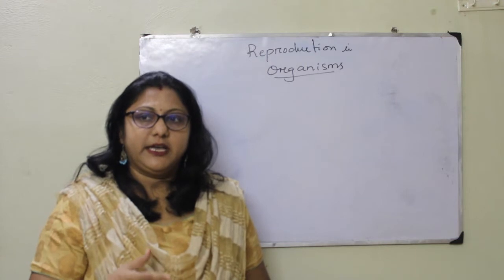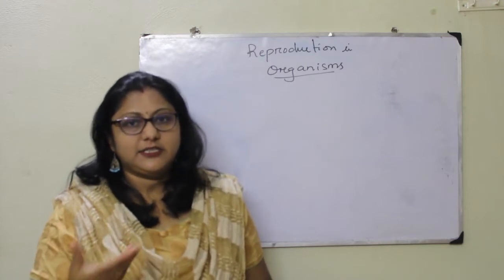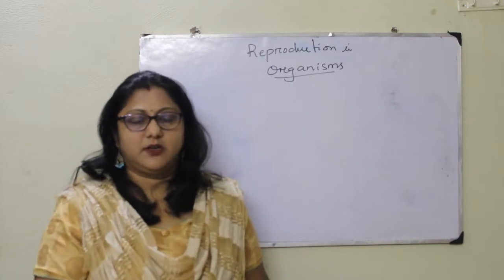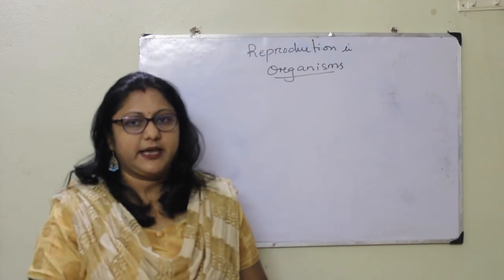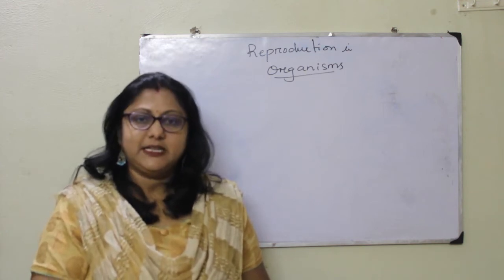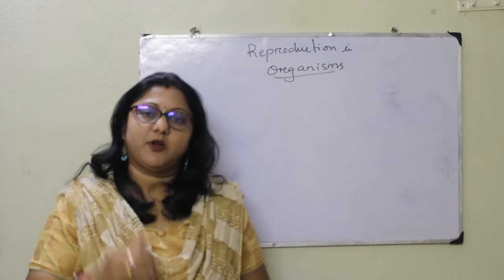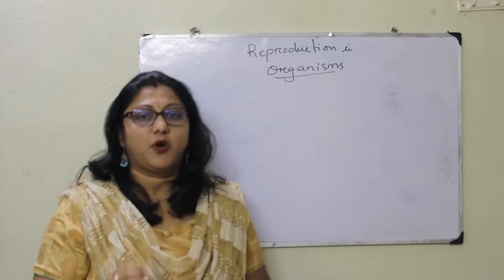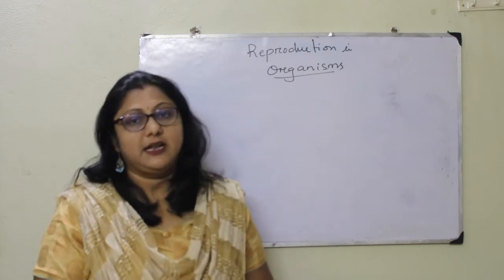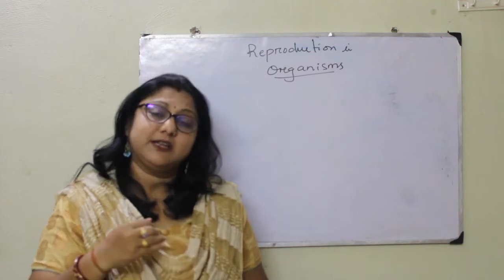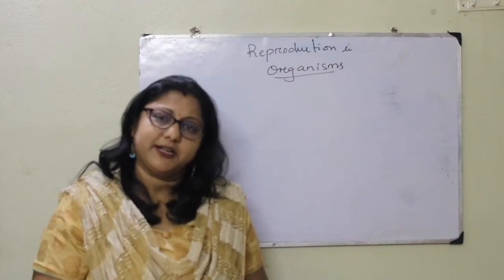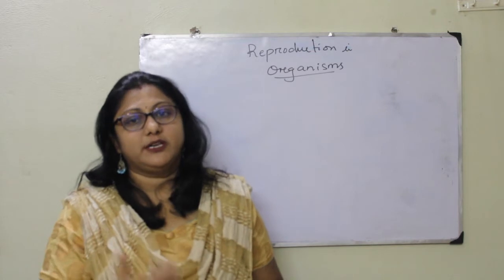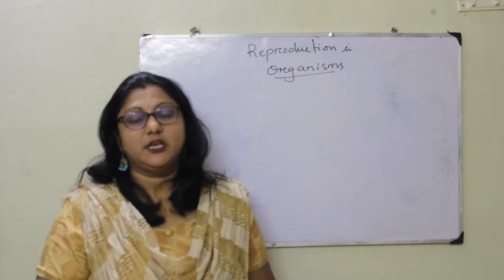Now, it is not inevitable for our process to continue, sustain the life, right? But still, we consider the process of reproduction as important as all other life processes. Now, what is the reason behind it? Why reproduction is so important for any species to survive?